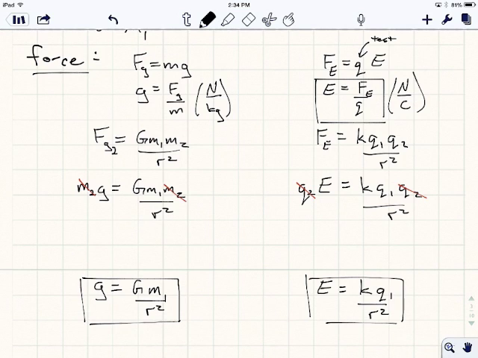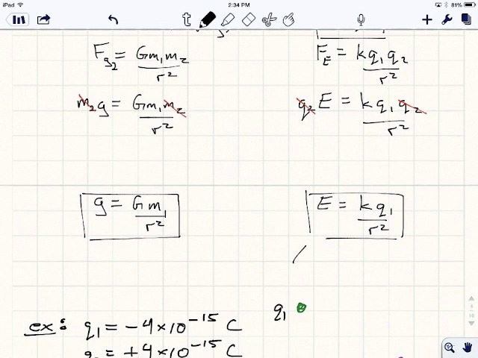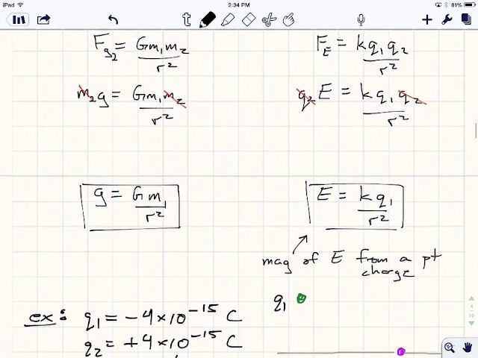So what this represents is the magnitude. This is the magnitude of the electrostatic field from a point charge. All right, so now how do we apply this?